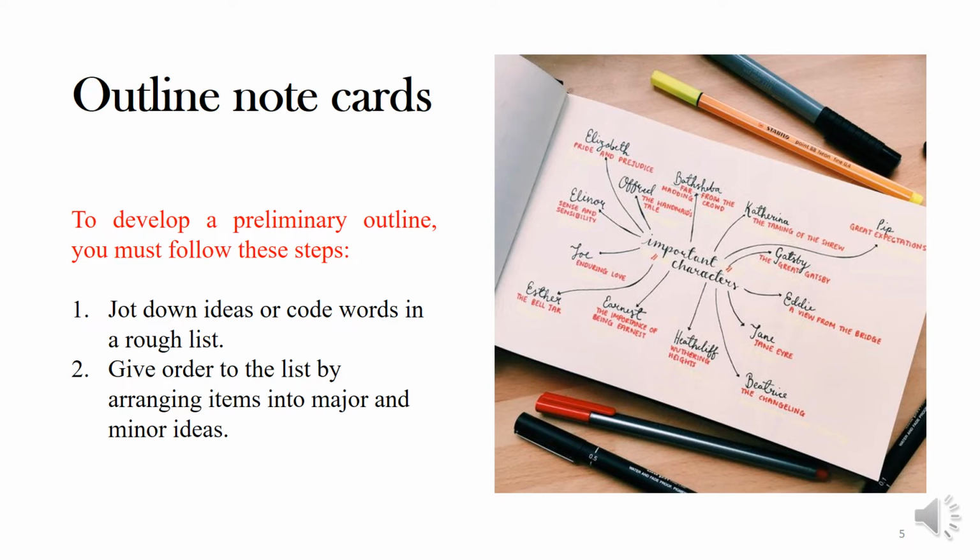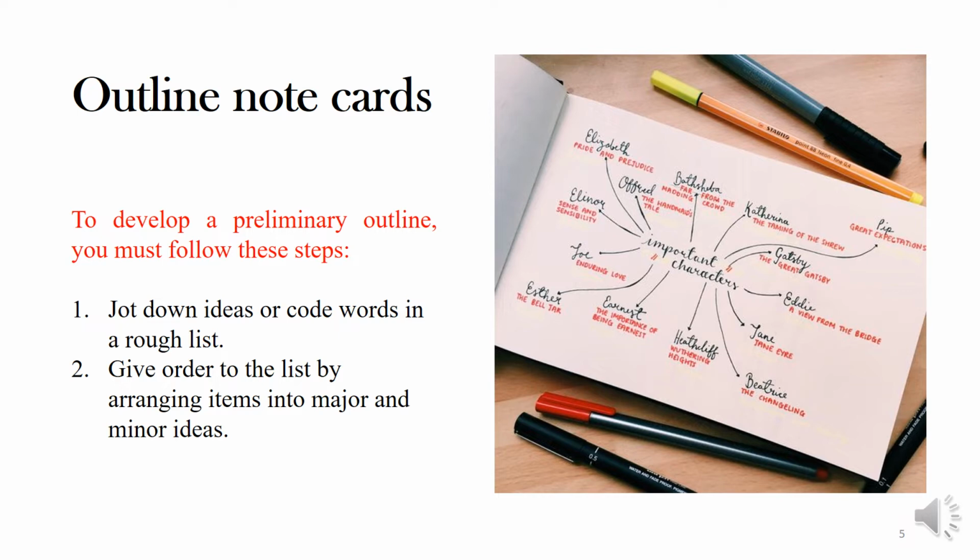Number 1, write down your ideas or code words in a rough list. Number 2, give order to the list by arranging items into major and minor ideas.